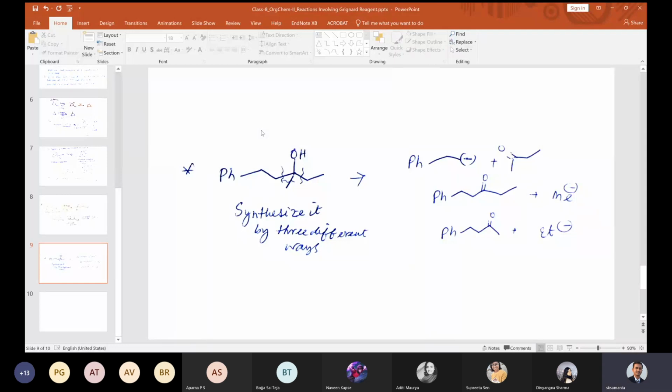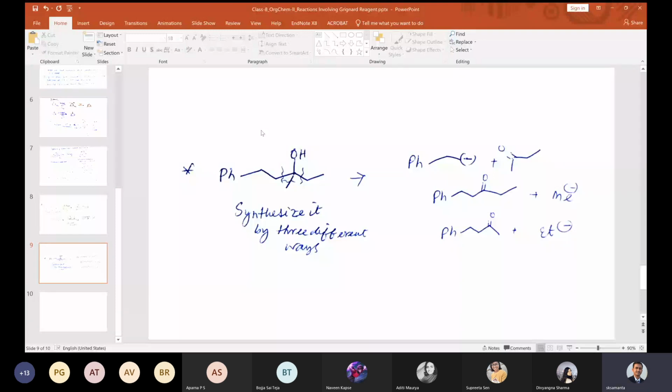You take the final molecule and go one step back. Where from can you make this final molecule? Then you get two fragments. From those two fragments, again you go one step back, and you get another one or two more fragments like that. So you go back. That is basically called retrosynthesis by the disconnection approach.